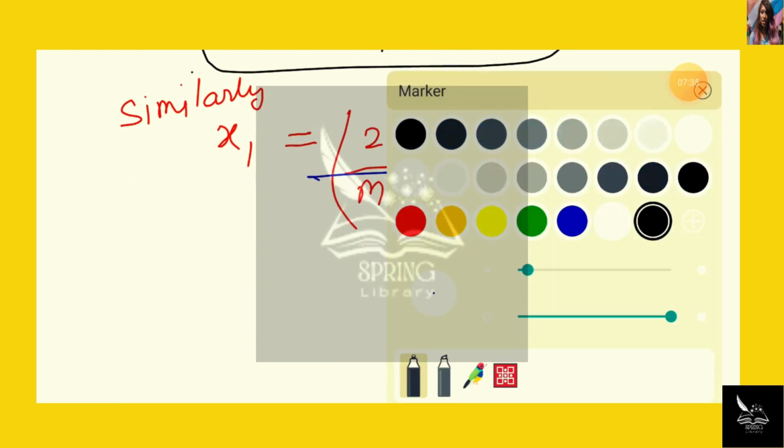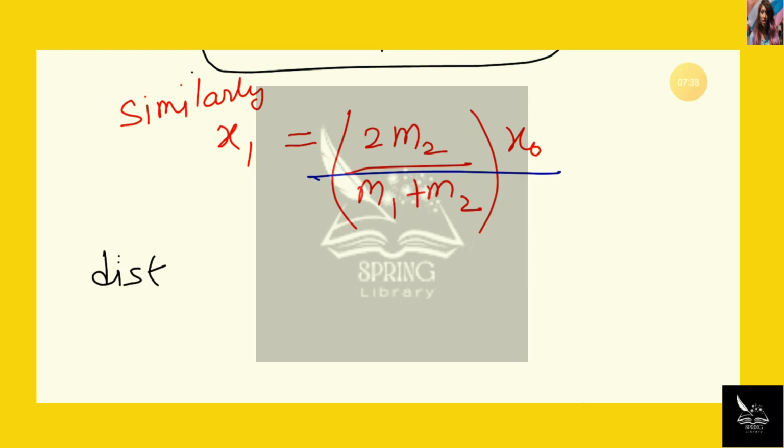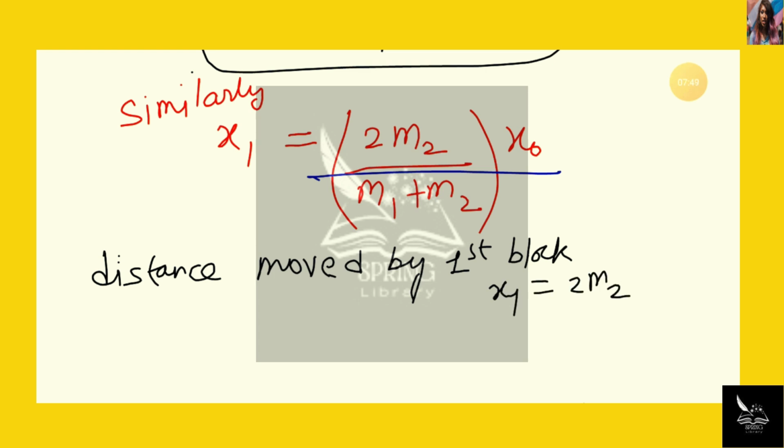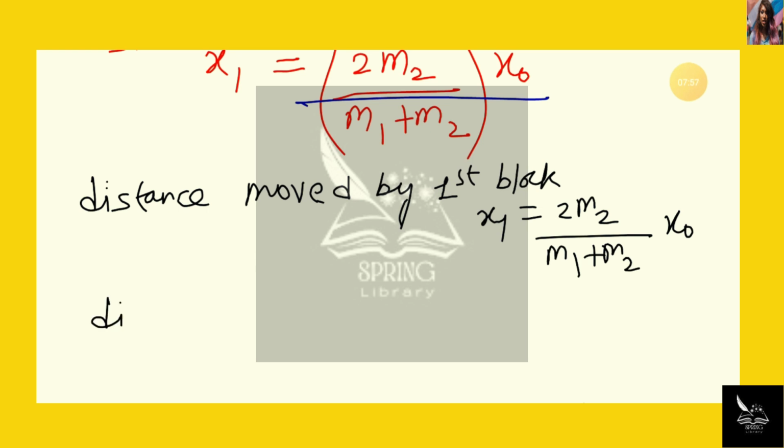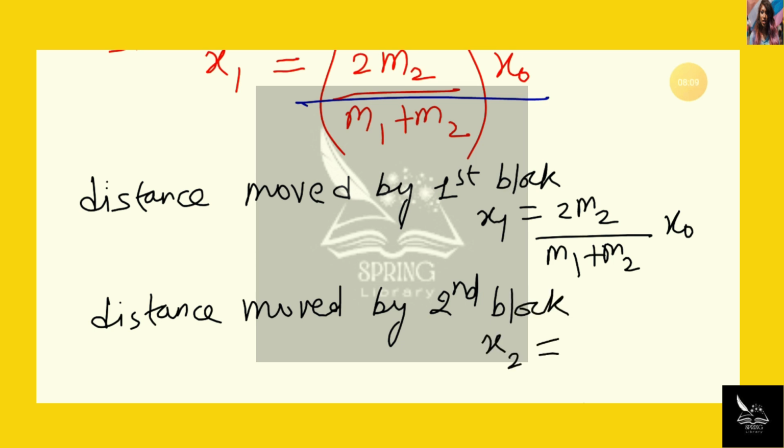So the conclusion is that the distance moved by the first block is x1 equal to 2m2 divided by m1 plus m2 multiplied by x naught, and similarly the distance moved by the second block before coming to rest is x2 equal to 2m1 divided by m1 plus m2 multiplied by x naught.